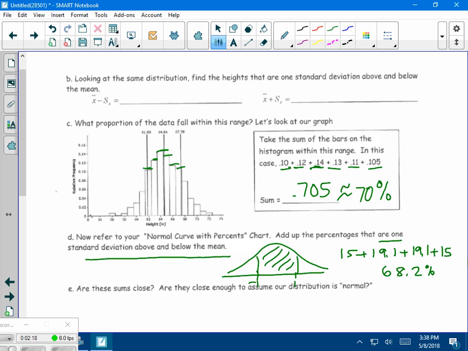So what we're saying is that the height model data is normally distributed. So when it says, are the sums close? Well, heck yeah. And are they close enough to assume it's a normal distribution? In this case, yeah, we can say yes.